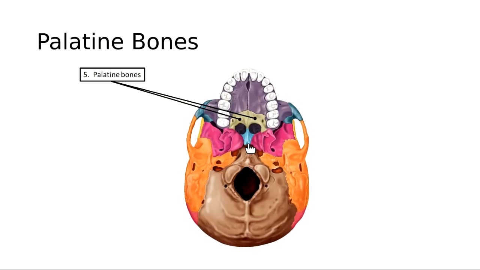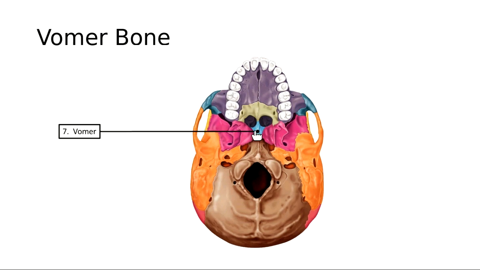You look on the underside of the skull and the back of the hard palate. There are 2 bones here called the Palatine Bones. The Palatine Bones form the very back of your hard palate. There's a suture down the middle, and they're individual bones. This bone here is called the vomer, and you can see that on the front of the skull too.